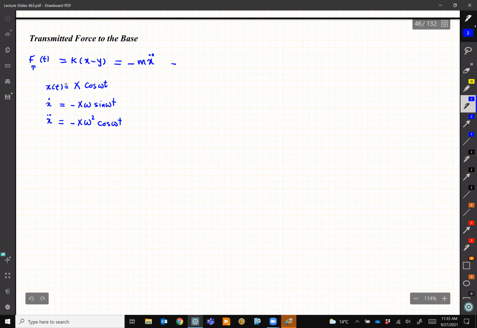So let me substitute that there. I get rid of the minus sign: m X omega squared cosine omega t. Yes, that's correct, and I don't have the minus sign.